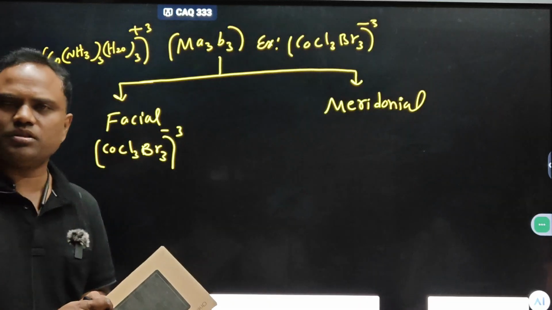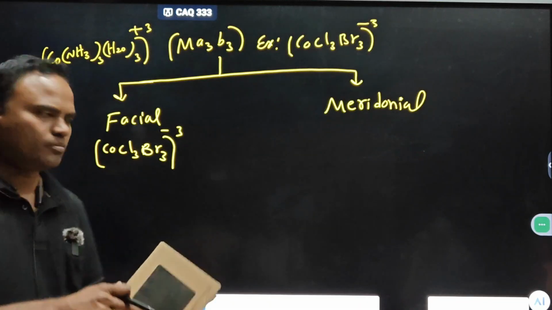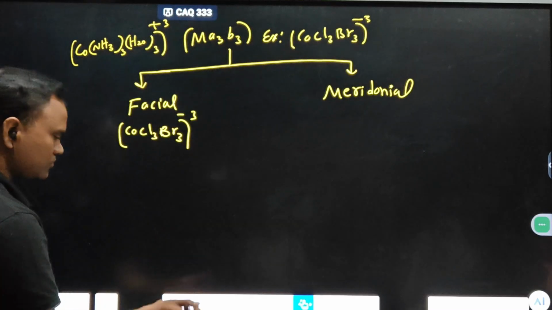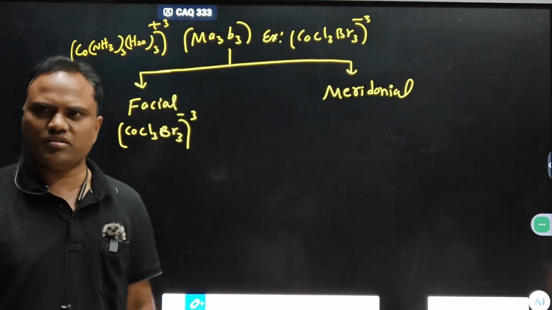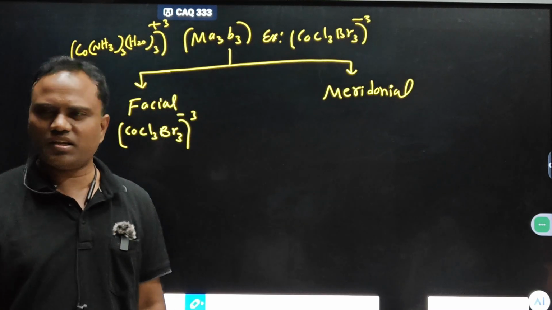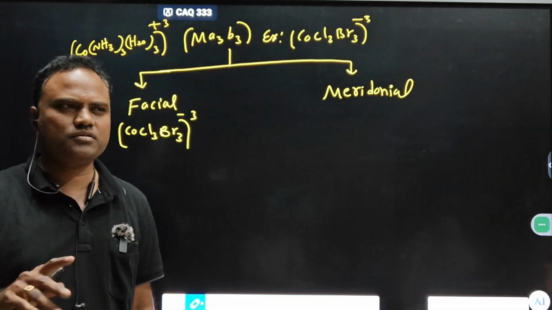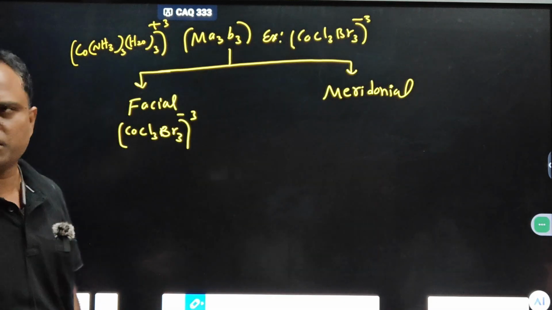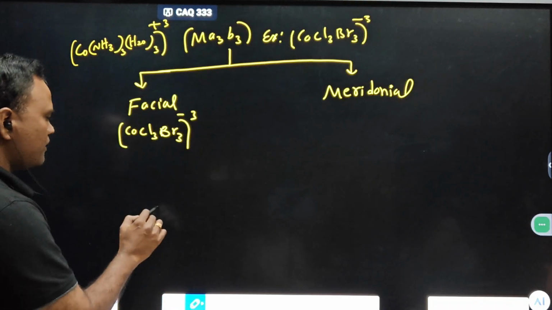Imagine cobalt is present in the middle. Actually, explanation is not needed. Already we completed a NEET level question: which of the following comes under facial, meridional, over. But once I'll tell you what a facial and what a meridional isomer is.